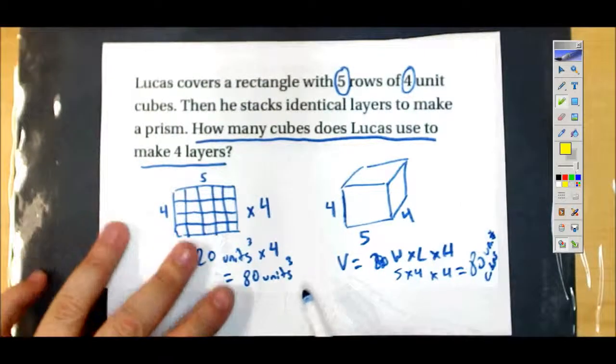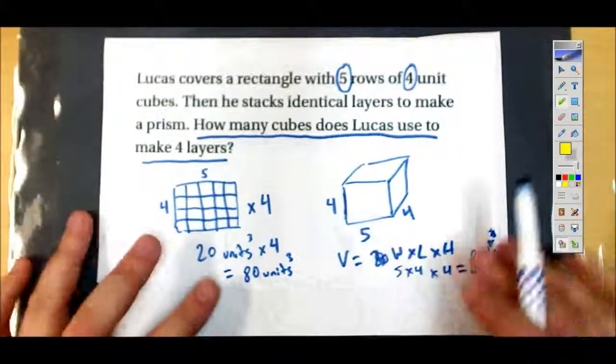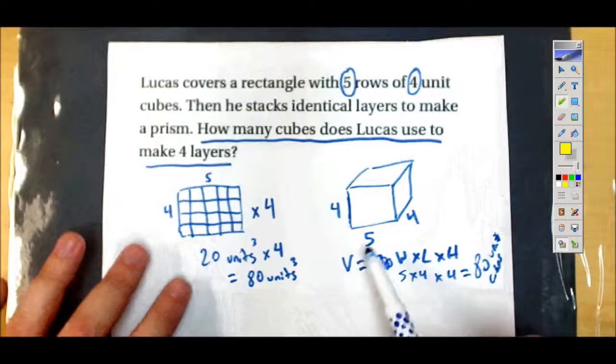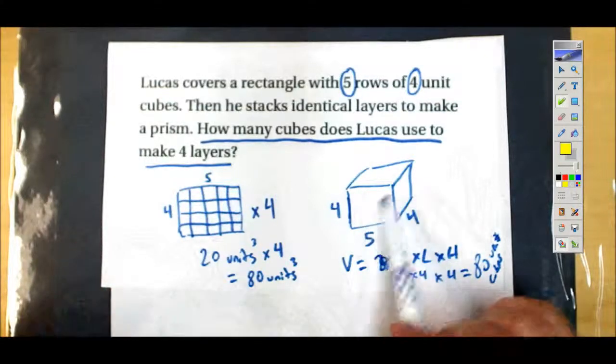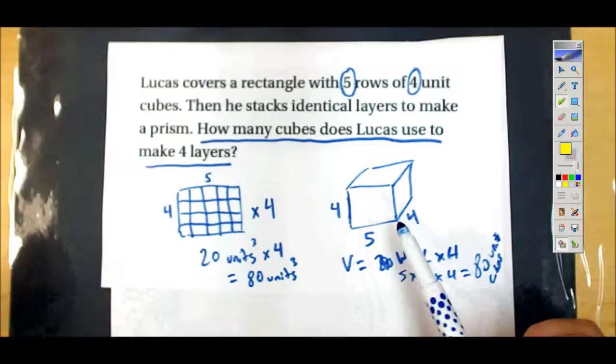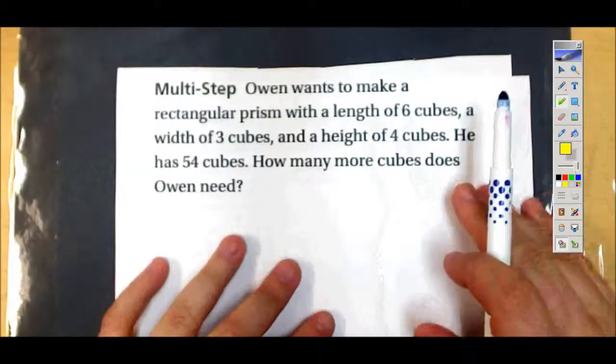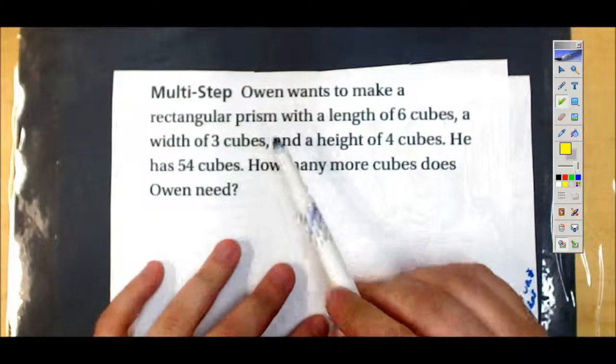Notice that this sounds very similar to 80 cubic units. That's not a coincidence, because when we are finding the volume, we're basically counting how many cubes are inside of something. If you cut it up into unit cubes and you count the number of cubes, you're going to get that many.